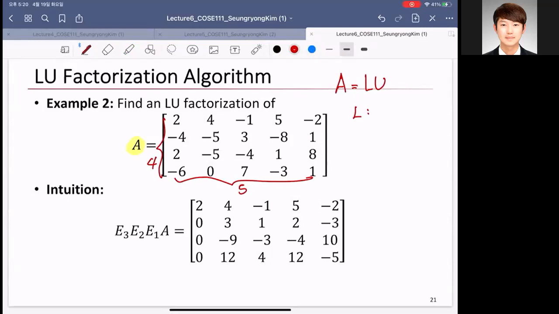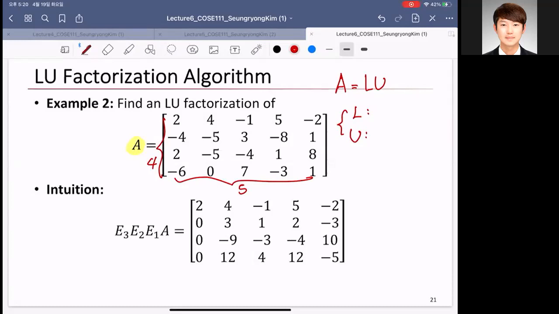What is the size of L or U? Anyone? When the size of A is 4 by 5, then what is the size of L?